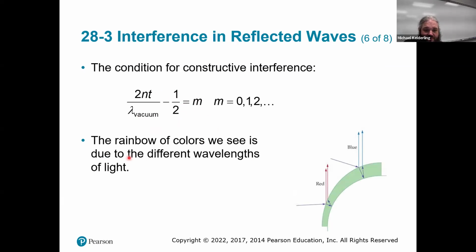And the rainbow of colors we see is because different angles end up corresponding to different distances in the film, or different thicknesses of the film, different colors. And so you do see different colors for different thicknesses of film.